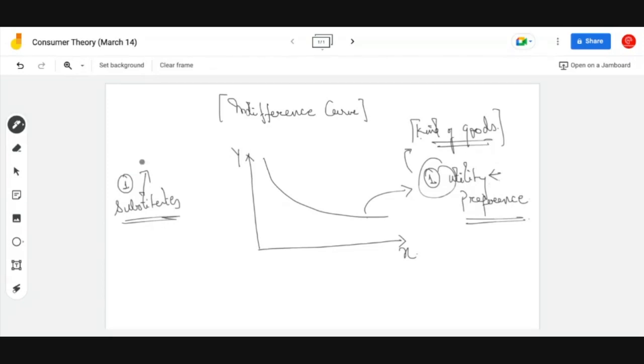Straight line. Clear? For complements, what will be the shape? L-shape. And this kind of shape of the indifference curve talks about substitutes, complements, or quasi-linear preferences.